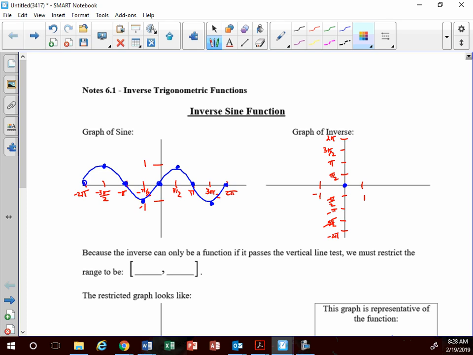If I switch it, what is it going to be? Yeah, 1, pi over 2. So we're going to go over 1, up pi over 2, dot.